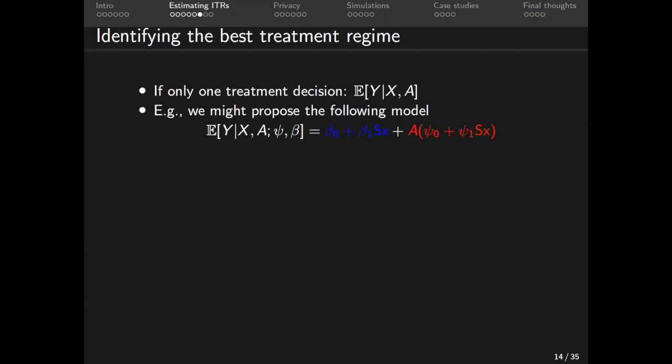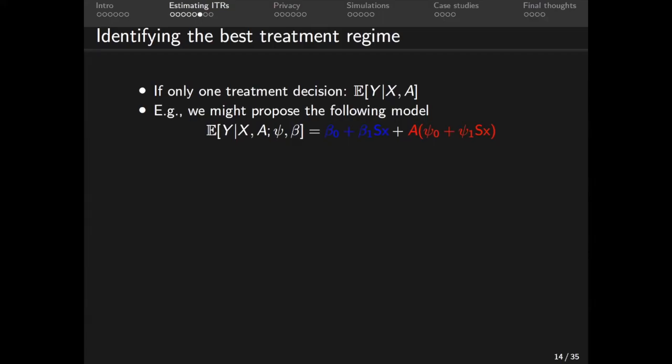So what we've got here is a regression of Y given my covariates X and a treatment A. And what I've got in blue, which I think is not necessarily easy to see at the back, is just an intercept and the main effect of my covariates X. And it turns out it doesn't matter if you can't see the blue because I don't care about this stuff. Okay, that is what we call a nuisance model. I need to estimate it, but it doesn't tell me anything about how to allocate treatment. The stuff I care about is what's in red.